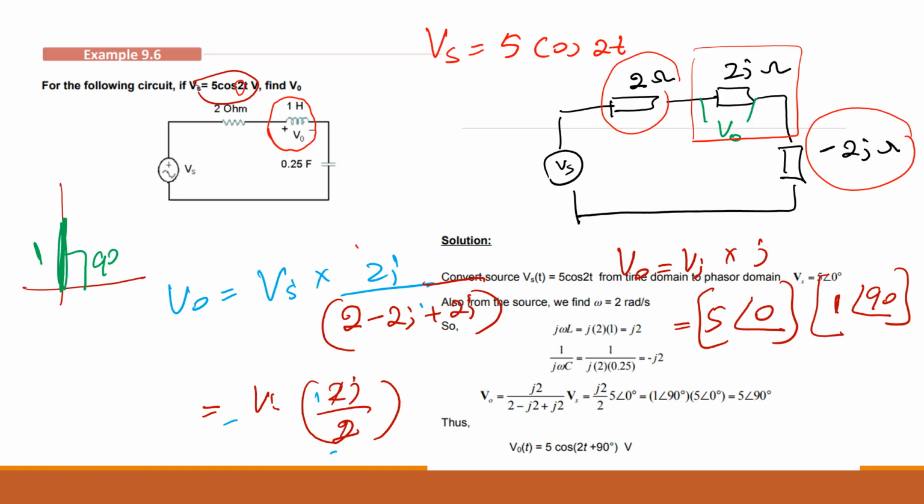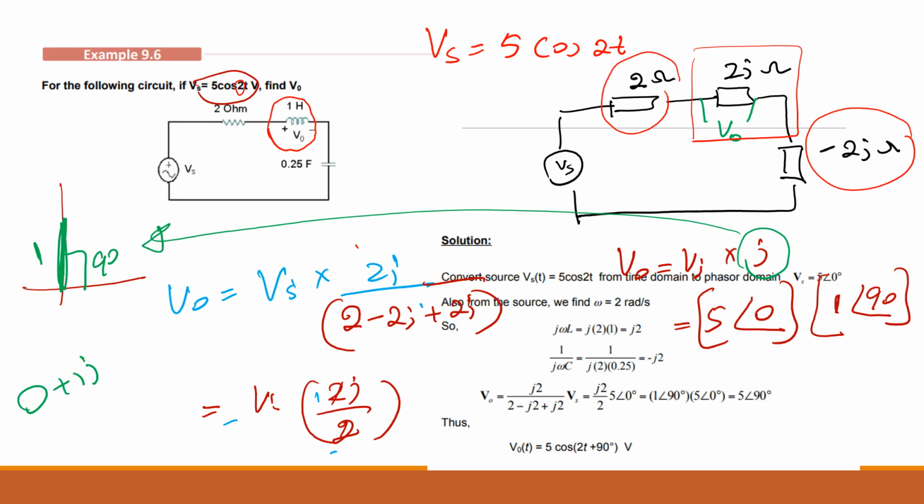If not, you have to tell me. Otherwise, I assume you have 100% understood. Does this one mean 0 plus 1j? Is that right? Okay. Do you guys understand?